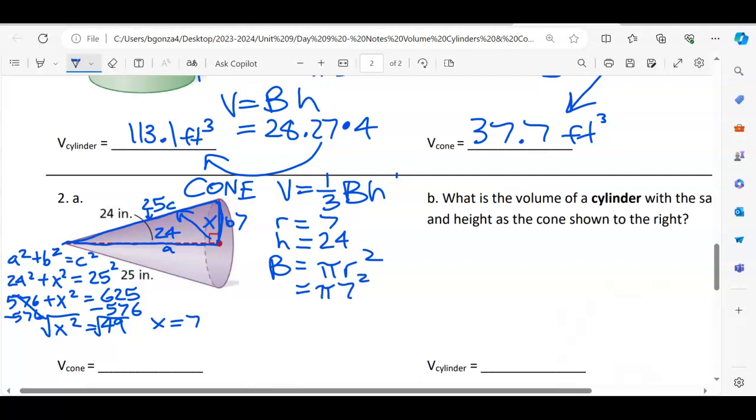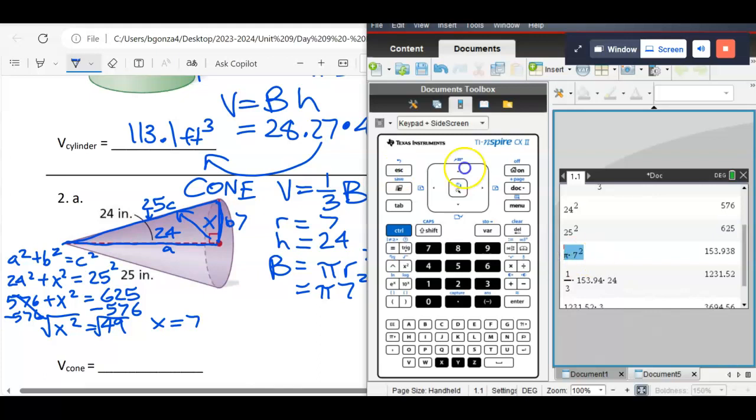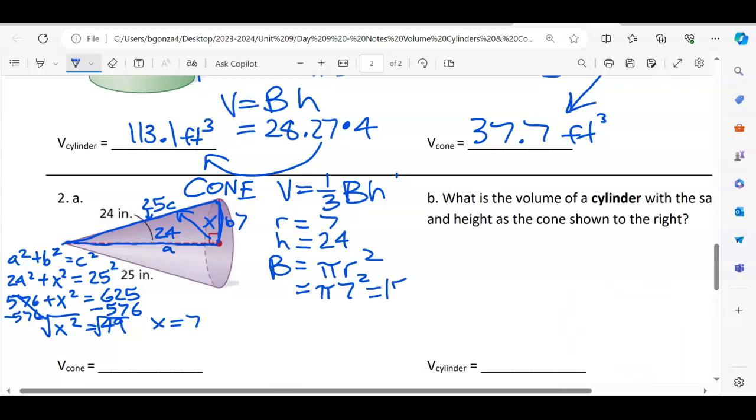So if I'm going to do pi r squared, that's going to be pi times 7 squared, because r is 7. Pi 7 squared is 153.94 when I plug it in, and now I can do my formula for volume. So volume, we said, is 1/3 B H. So it's going to be 1/3 times big B, 153.94, times the height, which we said was 24.